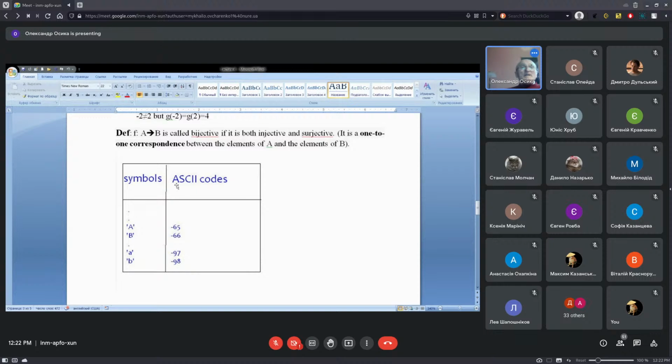Every symbol here has its own ASCII code.